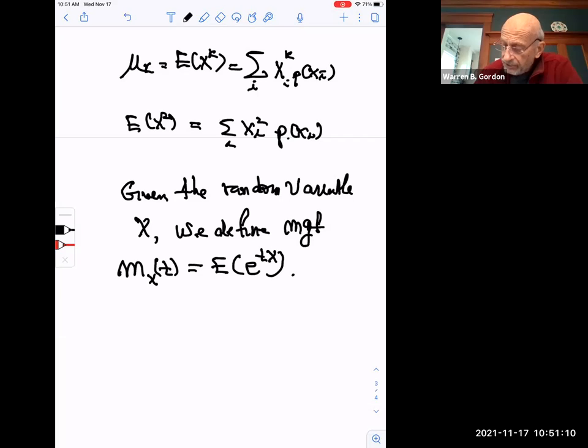I'm assuming, of course, that this expectation exists. You'll see in the text, I assume there's some value k on which this converges. This is called the moment generating function.